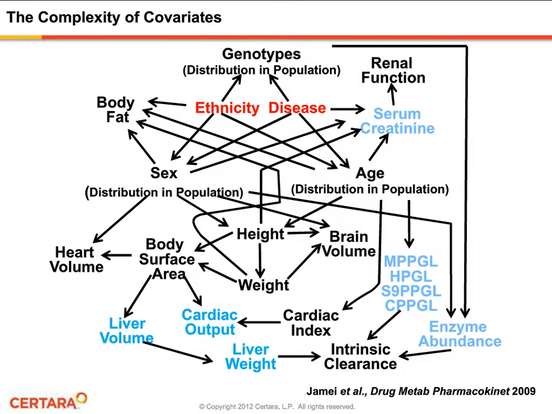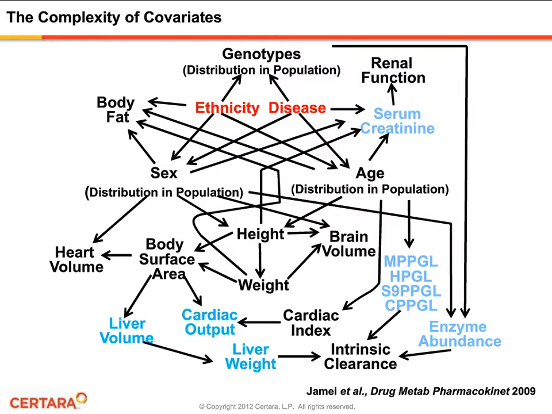We would generate a height from an age, a weight from a height, calculate the body surface area, and then calculate other physiological parameters that were related to body surface area and try and build all of these covariates within the framework so that we can generate individuals who are representative of the actual population.